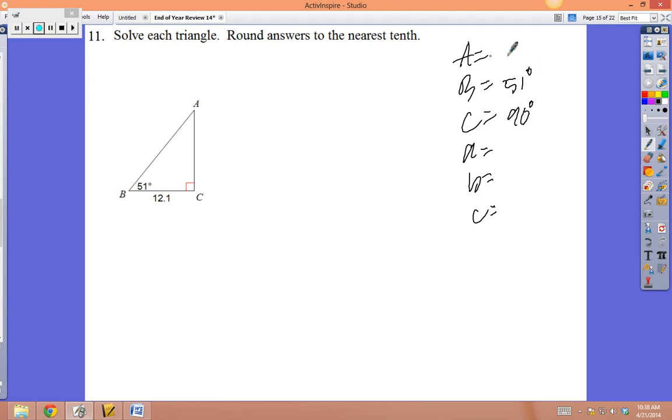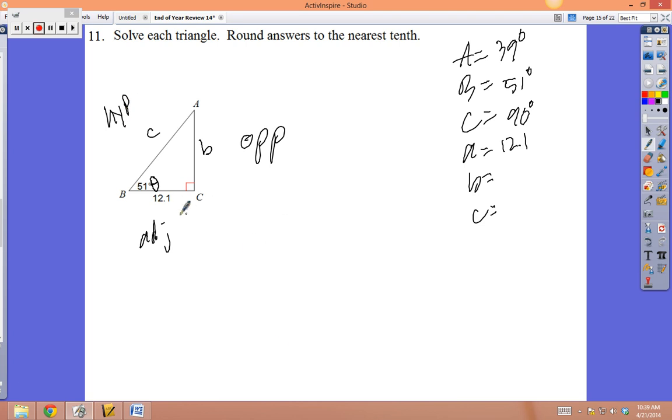So that means angle A, they give to us, because A and B have to add to give you 90. So angle A has got to be 39 degrees. Little a is 12.1. Now this is little b and this is little c. If you put theta on B, this is going to be the opposite, this is going to be the adjacent, and this one's going to be the hypotenuse.